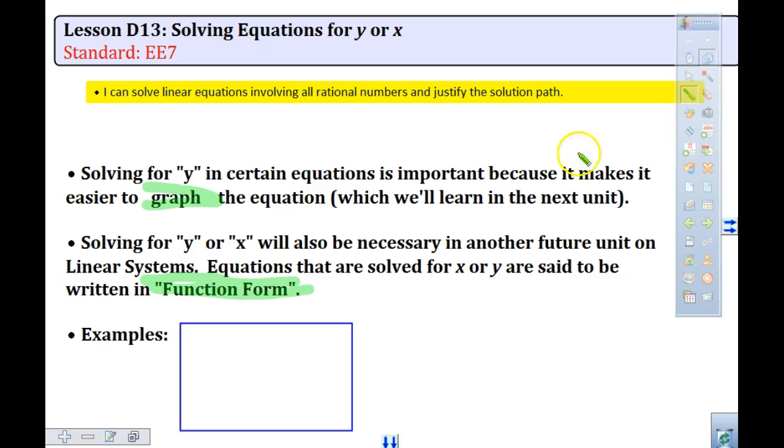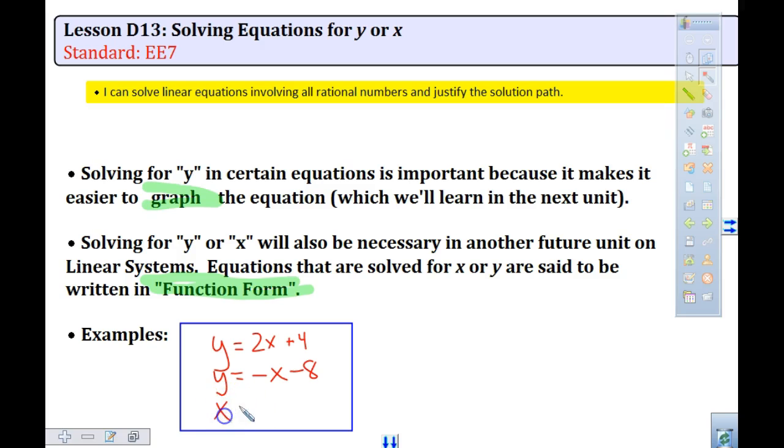I'm going to give you some examples of what function form might look like, so that when we are looking at our equations, we're going to see them in this form. We might have something like y equals 2x plus 4. We might have something like y equals negative x minus 8.